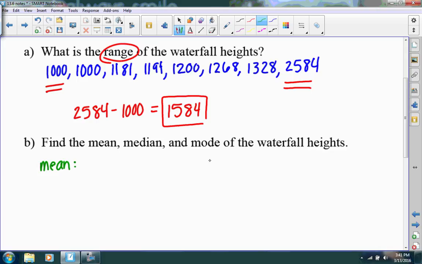But if you take a moment and add up all 8 of those values written in blue, you should get 10,752. That's your total of all 8 of them. Then I'm going to divide by 8 because there were 8 waterfalls. So my mean, my average, is going to be 1,344.